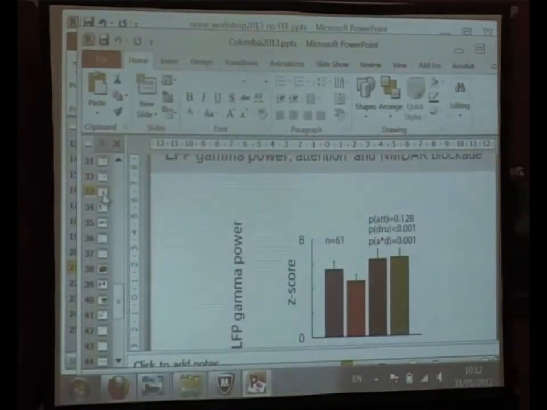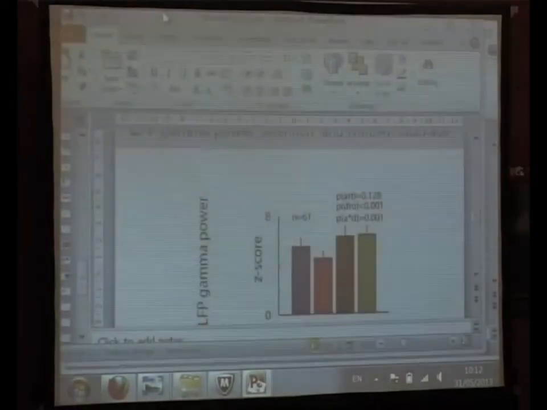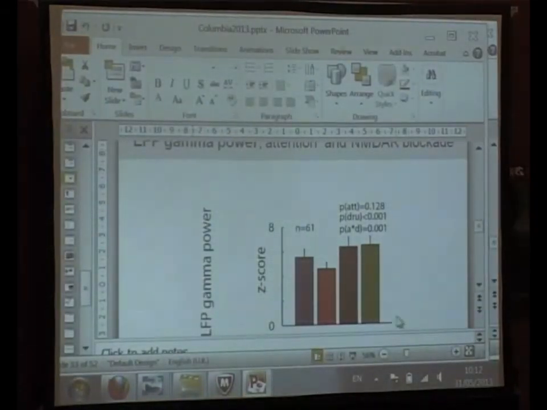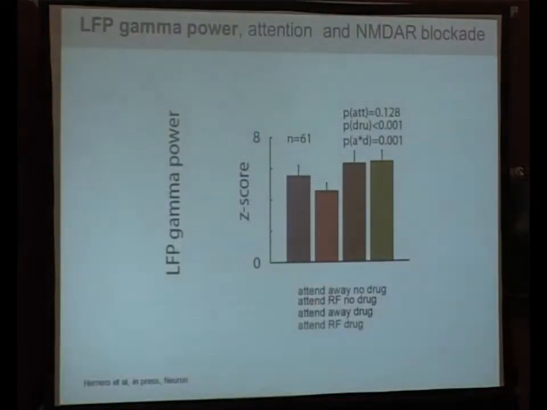Yeah, so this here would show you what NMDA receptors do to gamma.